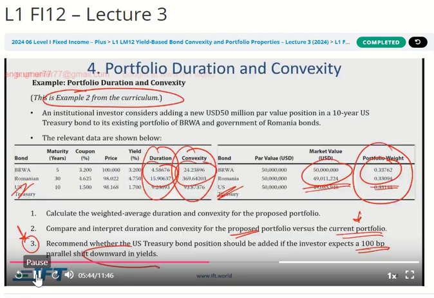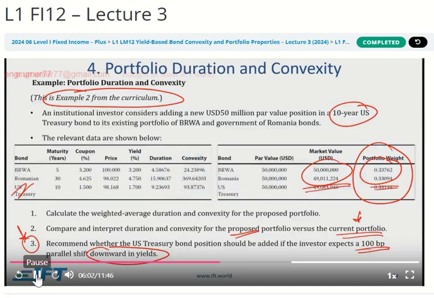If interest rates are expected to go down, have they done a good job by including the US treasuries or not, right? That is where I want you to see. I want to see your analyst hat coming up, where they are considering adding 10-year US treasuries to this portfolio, right?